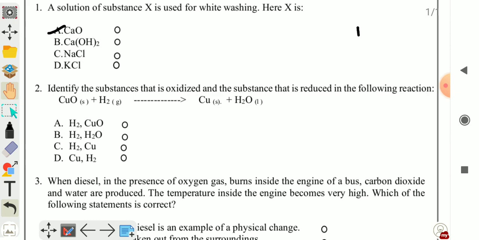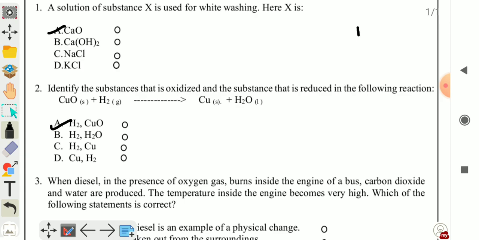Removal of oxygen is reduction. Oxygen is added to hydrogen and it is converted into H2O, so hydrogen is oxidized. So the correct answer will be A, H2 and CuO. H2 is oxidized and CuO is reduced.